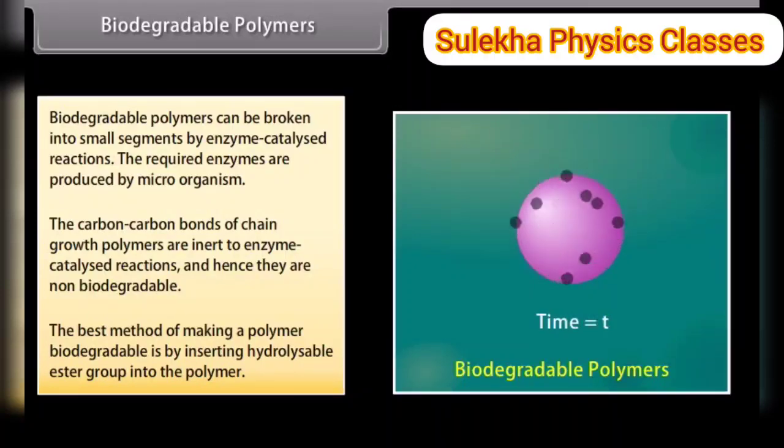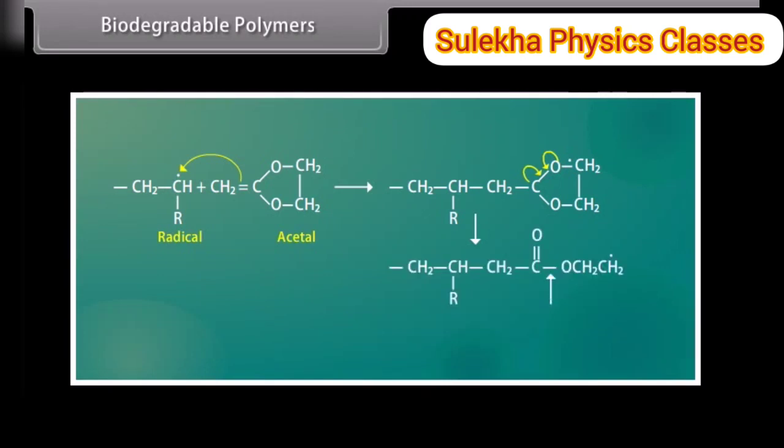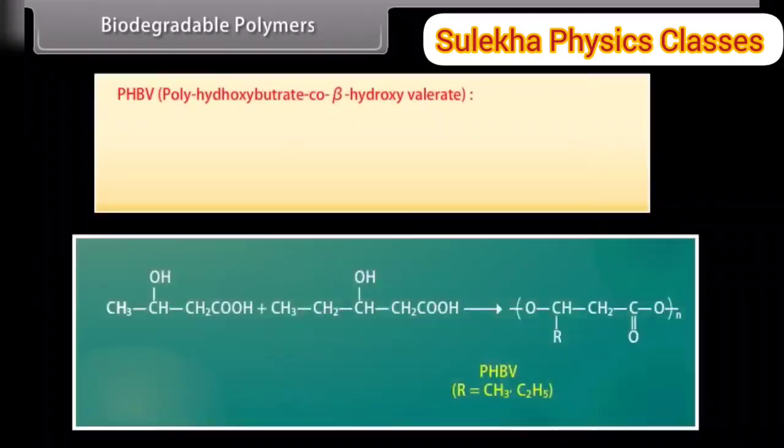polymer. For example, if acetal is added to an alkene undergoing radical polymerization, ester group will be inserted into the polymer. The weak links in the polymer are susceptible to enzyme-catalyzed hydrolysis. Polyhydroxybutyrate-co-beta-hydroxyvalerate.